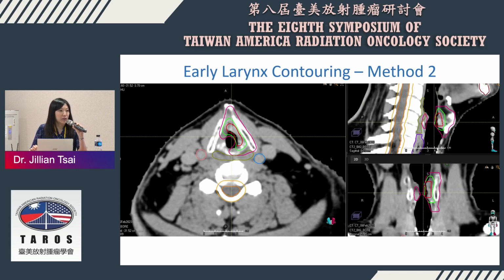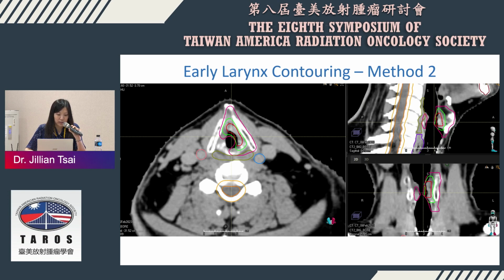Another method that I recently started doing after moving to Princess Margaret is that you really try to spare the other side of the larynx. So this is obviously a different patient, but also a T2N0 larynx case, definitive radiation.